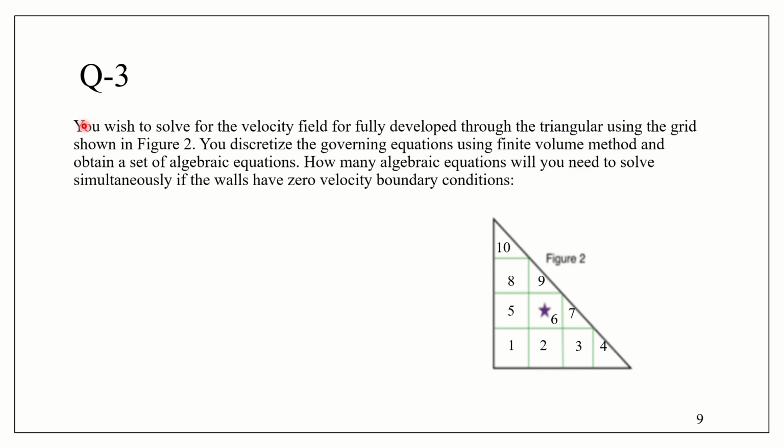In question 3, it is mentioned that you wish to solve for the velocity field for fully developed flow through the triangular duct using the grid shown in figure 2. You discretize the governing equations using the finite volume method and obtain a set of algebraic equations. How many algebraic equations will you need to solve simultaneously if the walls have zero velocity boundary conditions? That is what is asked here.